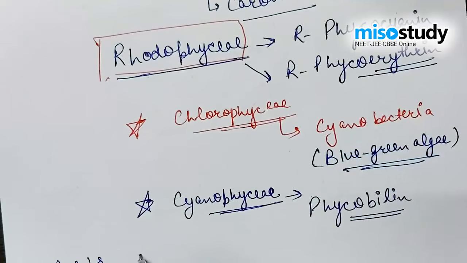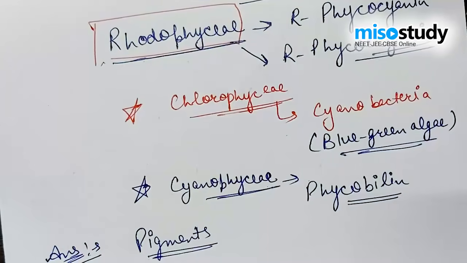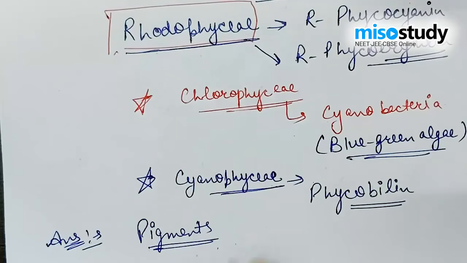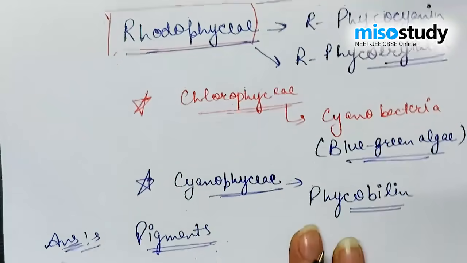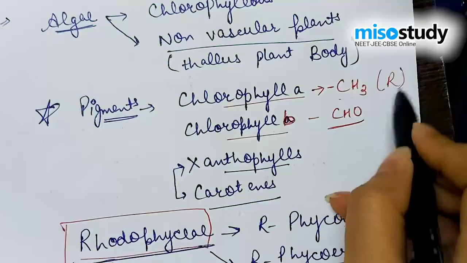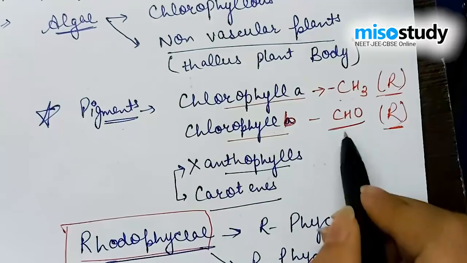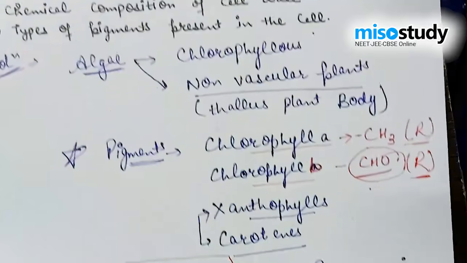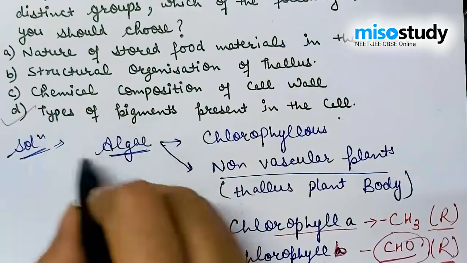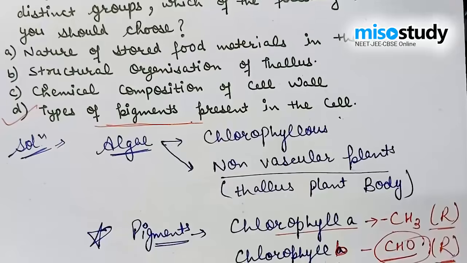Even chlorophyll A and B are different pigments and are separated on their structure level: on the R position there is a methyl group in chlorophyll A and an aldehyde group in chlorophyll B. So after discussing all this, the right answer for the question is option D, that is types of pigments present in the algal cells.